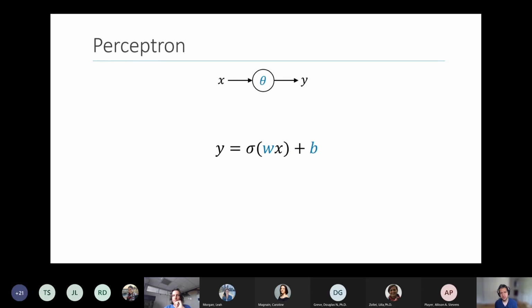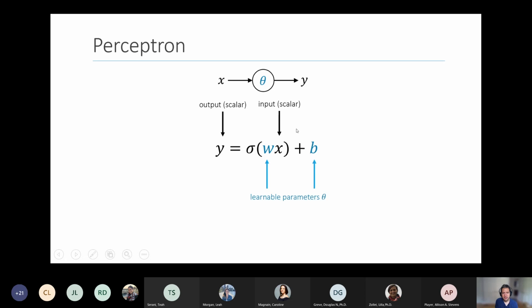We basically have two very simple operations, or maybe three, depending on how you count. The input is multiplied by some weight, which we tune during the fitting process or the learning process. This is the input. This is the output.